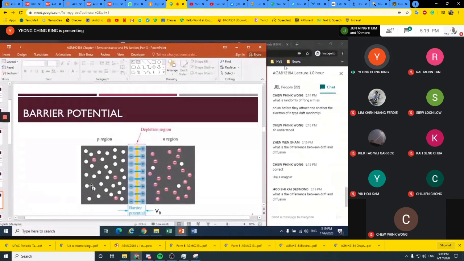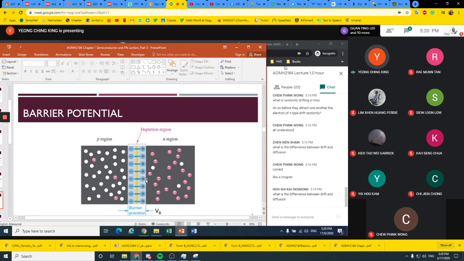Now we look at the barrier potential, because this depletion region is a barrier for this PN junction. So there is a barrier potential. In the depletion region there are many positive charges and negative charges.